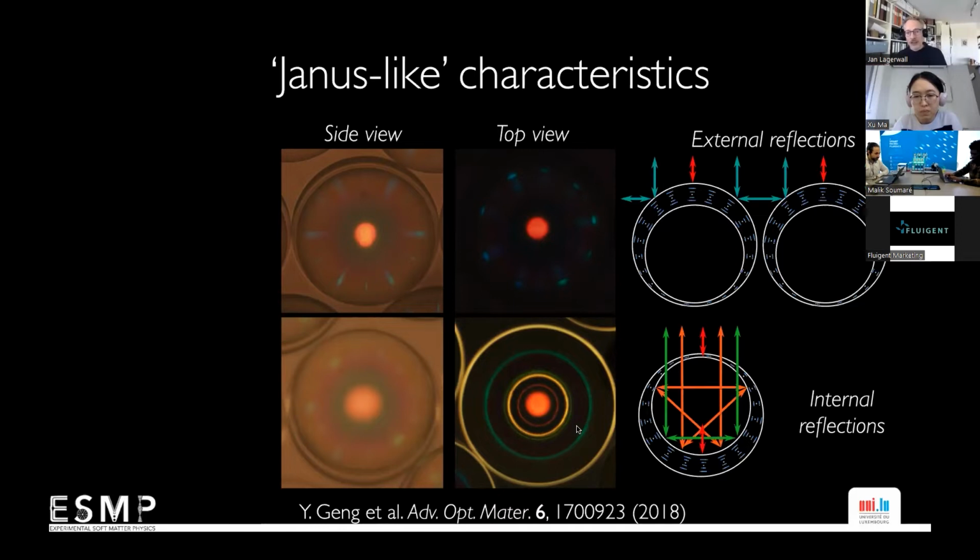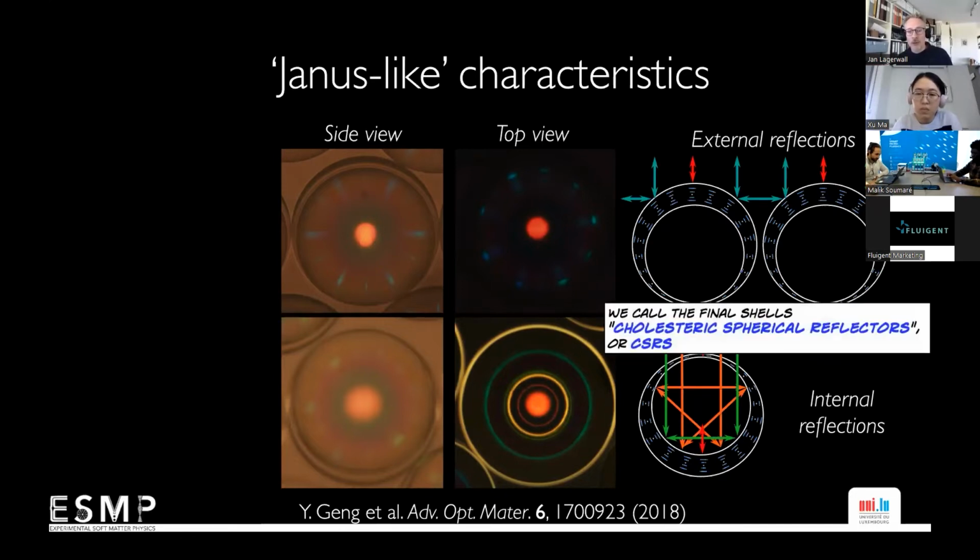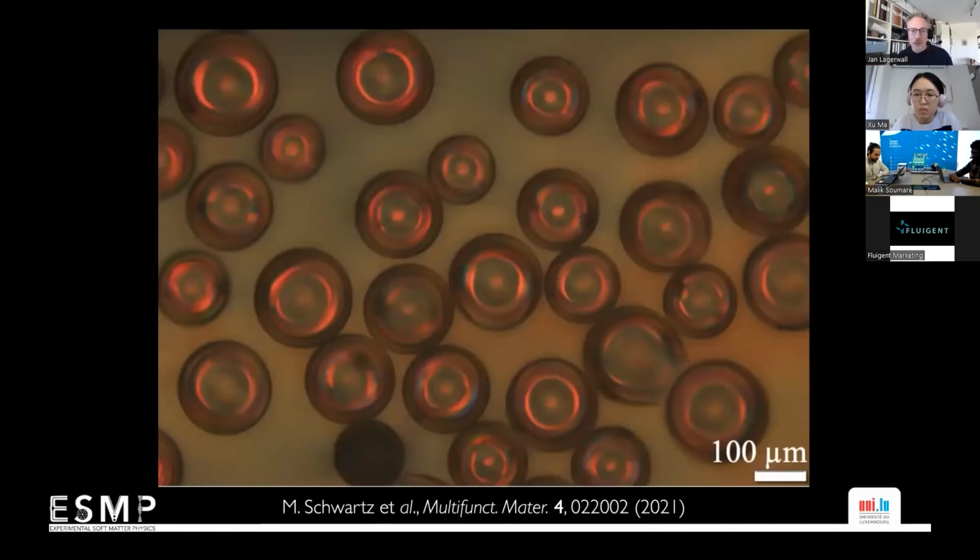So you can see that we get very interesting reflections that are due to this spherical shape and the asymmetric character. So we call these shells cholesteric spherical reflectors, or simply CSRs for short. And you'll see I'm going to use that abbreviation in a moment. So now to tell you a little bit about why these can be interesting, these are some examples of what these CSRs can look like after polymerization.